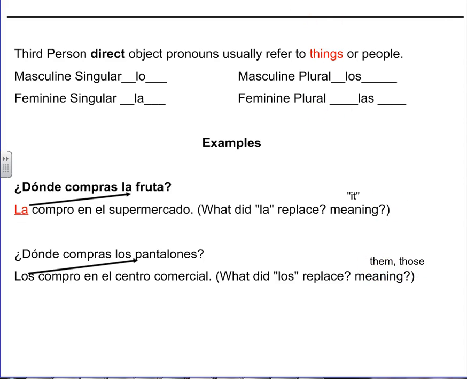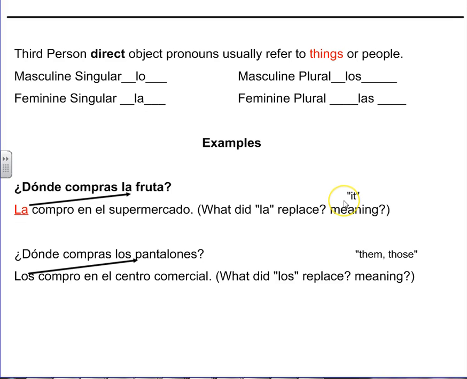Because when you pluralize the word, make the word it plural, you might be using it as the word them or those. Okay, so once again, if you see that it's masculine and plural, like los pantalones, you're going to use the word los. In this case up here, it was feminine and singular. You use the word la. What does this direct object pronoun mean?